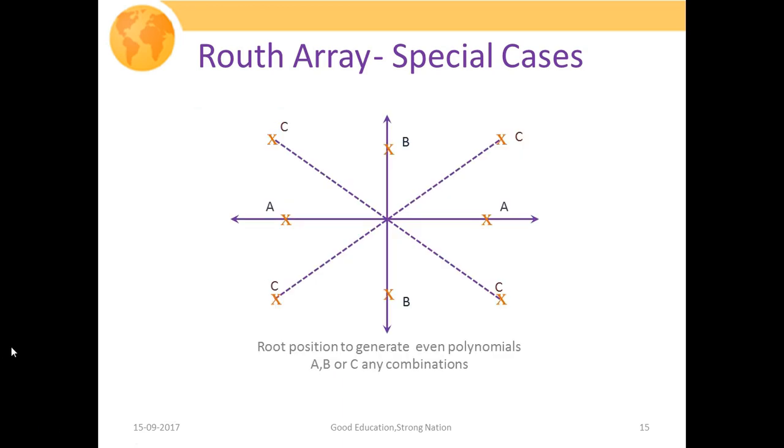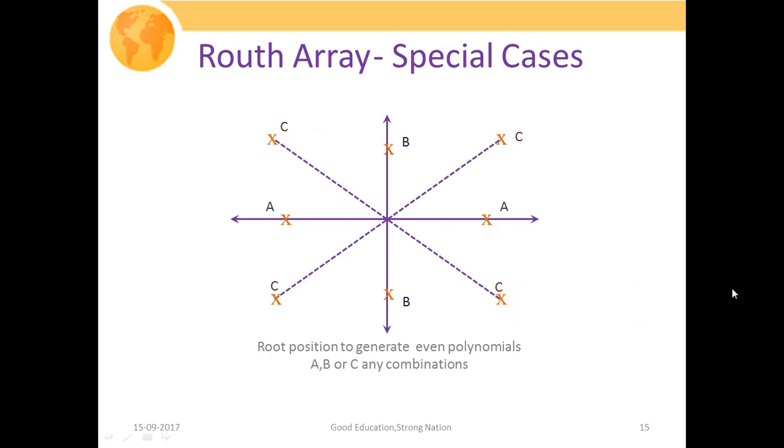In the first case, the roots are real but symmetrical about the origin, shown by A and A. In case B, the roots are imaginary but also symmetrical about the origin. The third case is where the roots are quadrantal, shown by C and C, symmetrical about the origin.